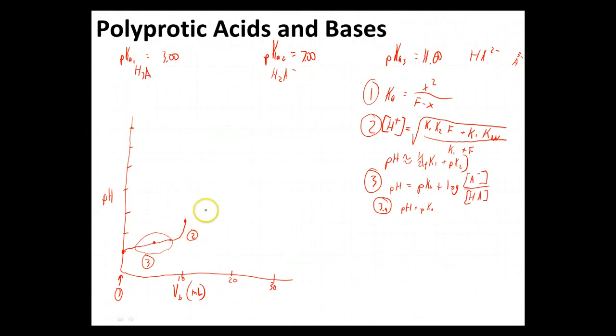Now what we need to do is stitch together a second and third segment, and then have a little piece for afterward. So I'm going to highlight something, though. In this next case, we have the exact same conditions occurring again. It's just that we're talking about two different Ka values involved. So I can go ahead and place my half-equivalence volume here at 15 milliliters by saying it'll be just like number 3.